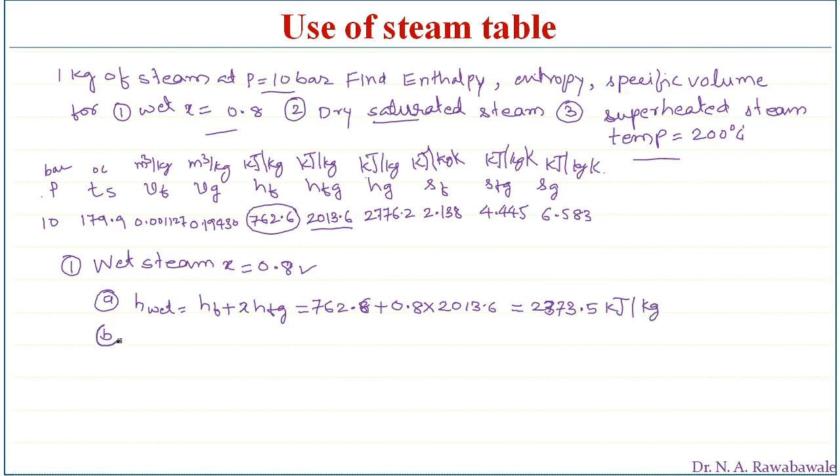Second, we want to find the entropy of steam. Entropy is represented by S wet. Entropy of steam is given by Sf plus X Sfg. Sf value is 2.138 plus dryness fraction X value 0.8 times Sfg, which is 4.445.